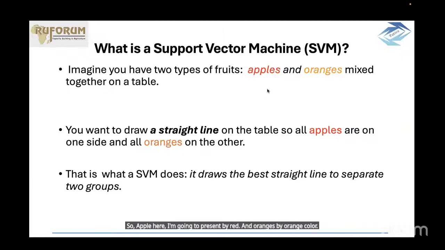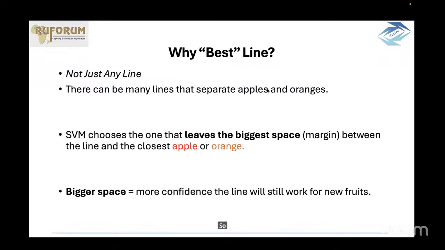What you want to do is draw a straight line on the table so that apples are separated on one side and oranges on the other side. So what a support vector machine does is draw a straight line to separate the two fruits. But it draws several lines. It's not just any line. What a support vector machine is looking for is the best line.